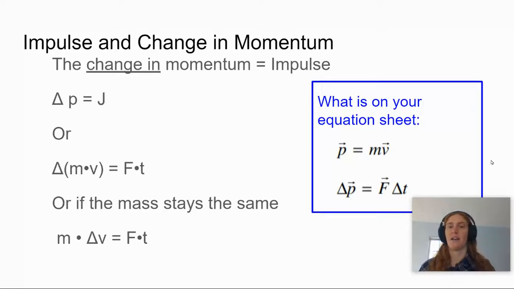You just need to apply enough force over enough time to speed up by 5 miles per hour. So when you're doing this, be really sure that you're remembering that it's your change in momentum that's equal to your impulse.